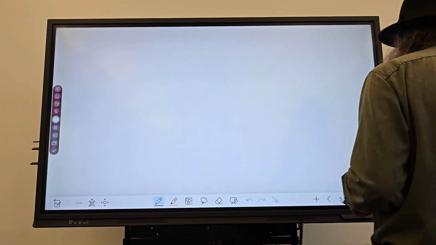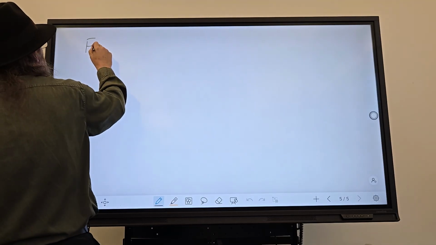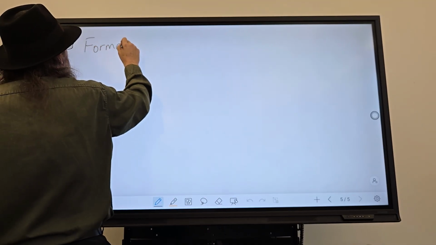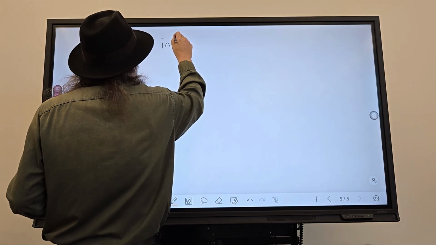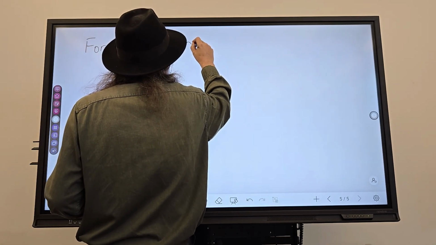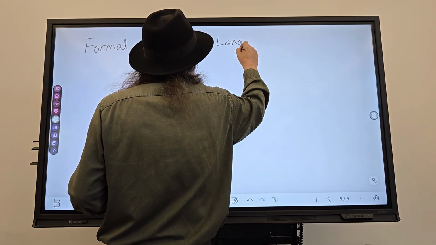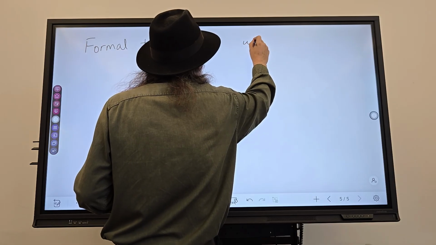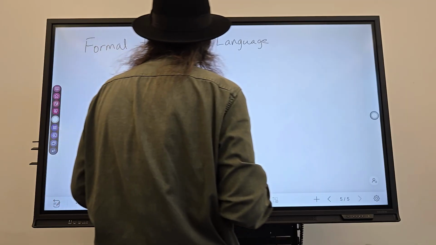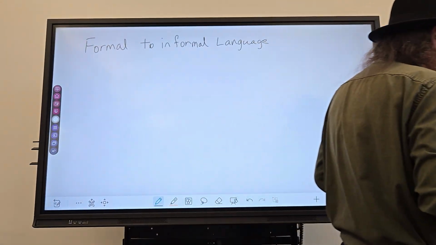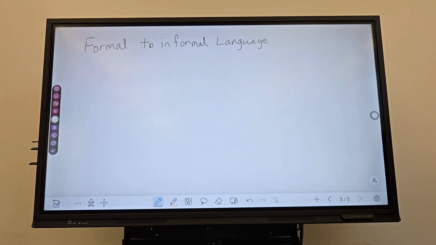So you need to be able to go from formal to informal language and back again. It is important to be able to go between the two when dealing with mathematical problems.